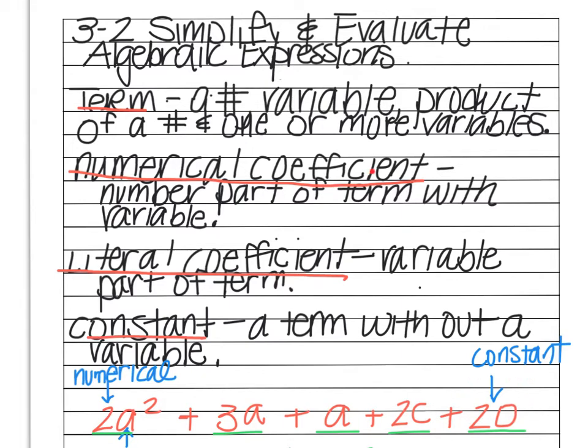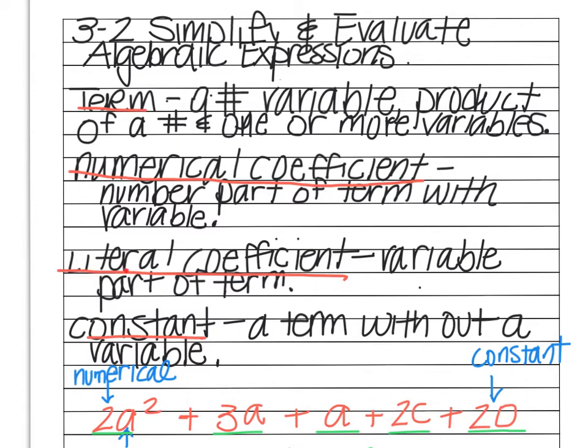Numerical coefficient is the number part of the term with the variables. So if you look here, that 2 in front of the variable is the numerical coefficient. 3 is also a numerical coefficient. 2 is also a numerical coefficient.